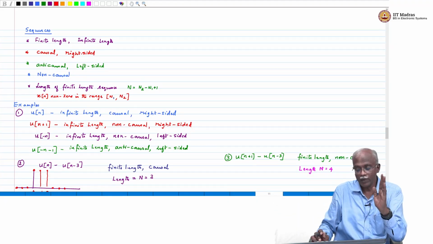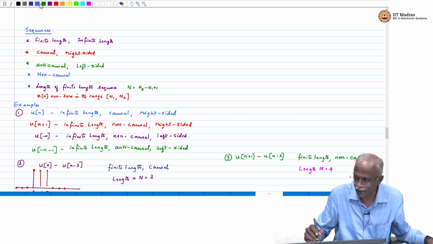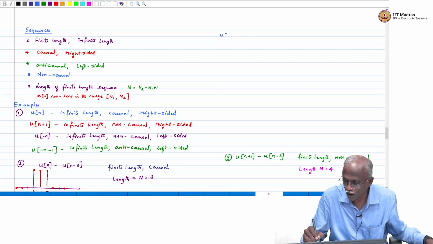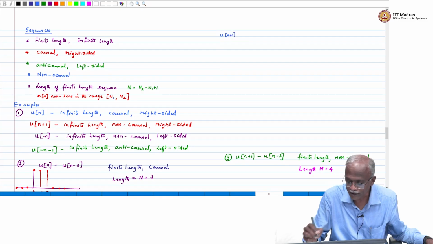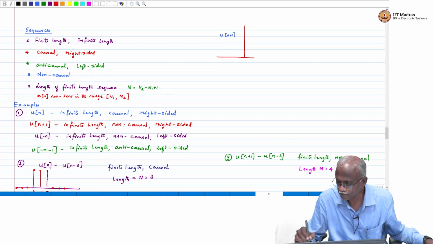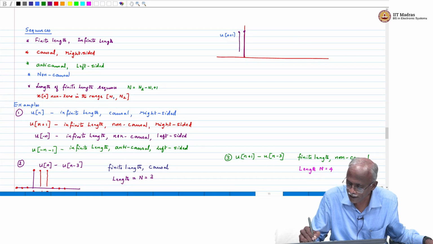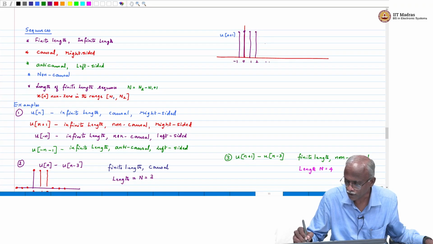Now, u of n plus 1 is a sequence that starts at n equal to minus 1. If you sketch that, it is u of n advanced by 1 unit of time. So, it will have a value 1 at 0, it will also have a value at n equal to minus 1, and then all positive values it will have. So, this is minus 1, 0, 1, 2, and so on.